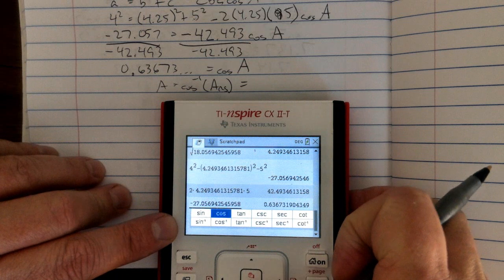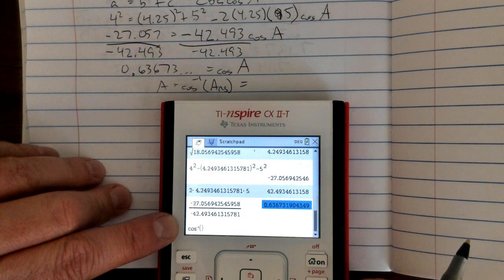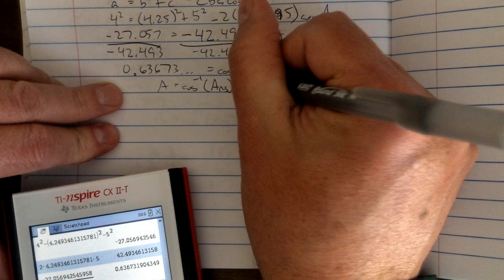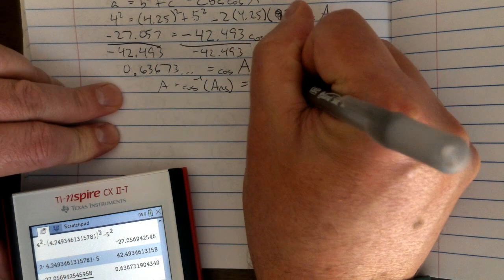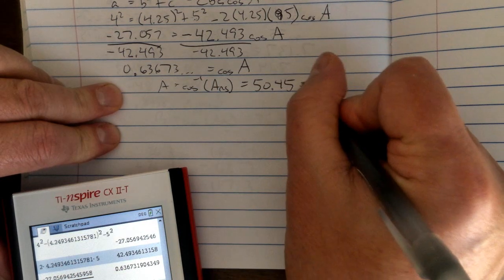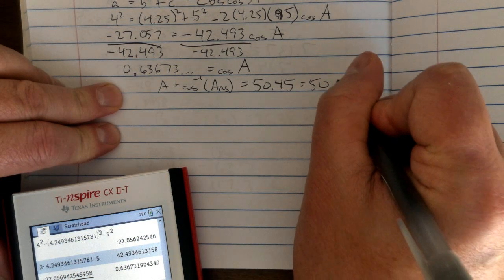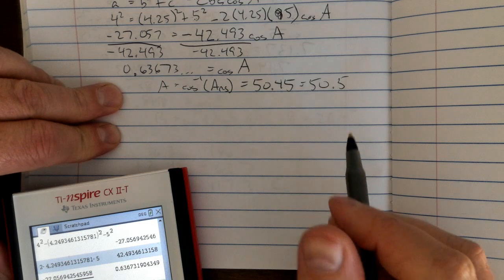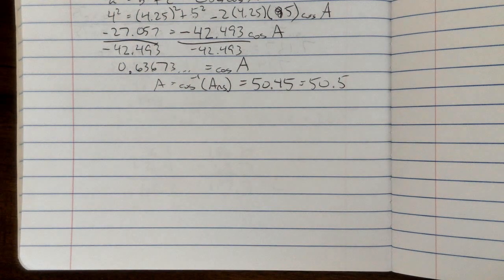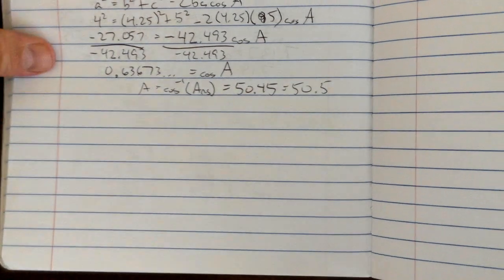So we do cosine -1, that is 50.45. And so that means our answer would be 50.5 because we round up. Okay, so that's 50.5 degrees.